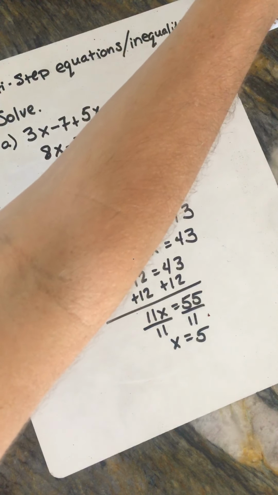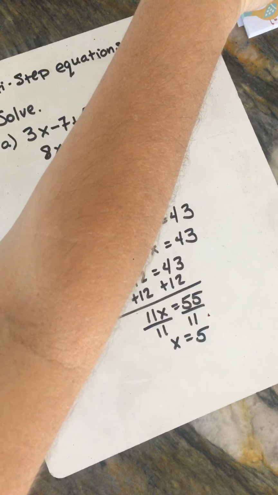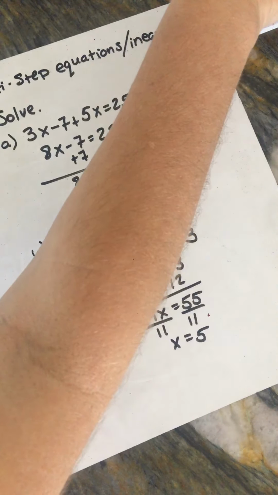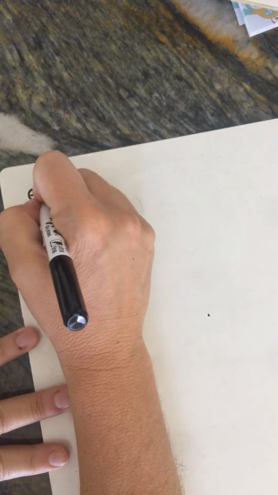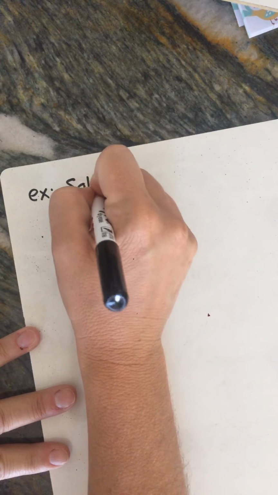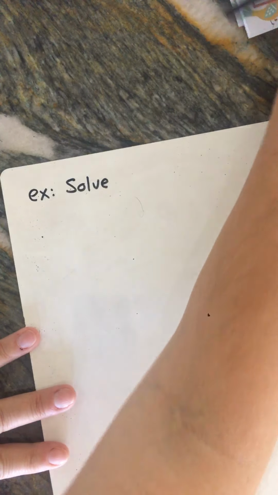Let's take a look at a situation where we have x's on both sides of the equal sign. So let's take a look at an example. We're going to solve this situation here.